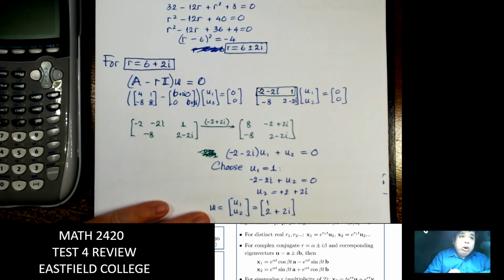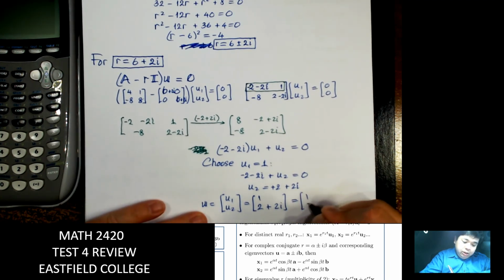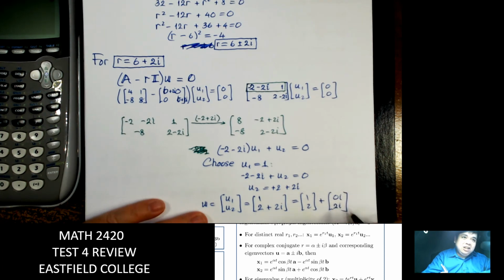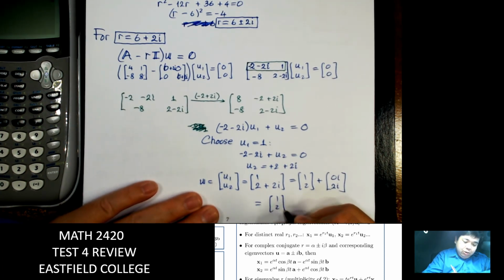So when we write like this, we will split into the real and the imaginary. We can always do that. So it becomes 1 and 2, 0 and 2i.